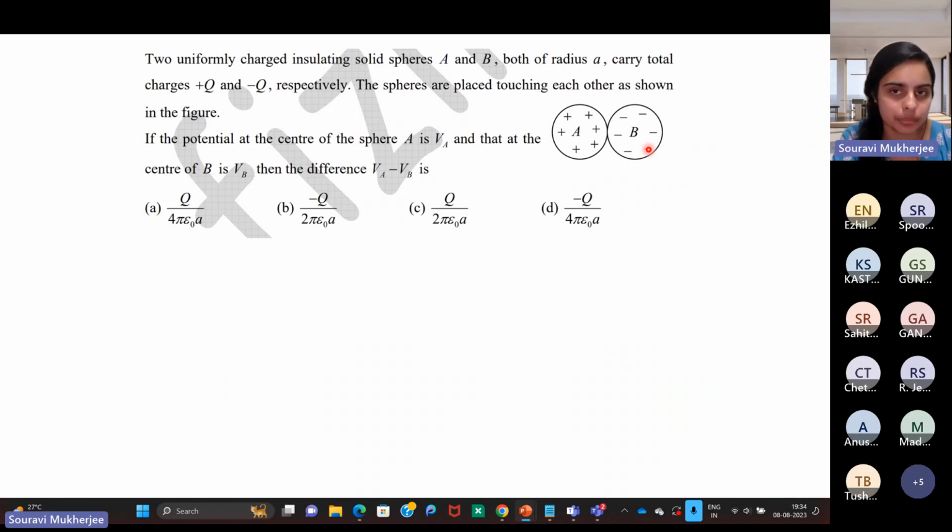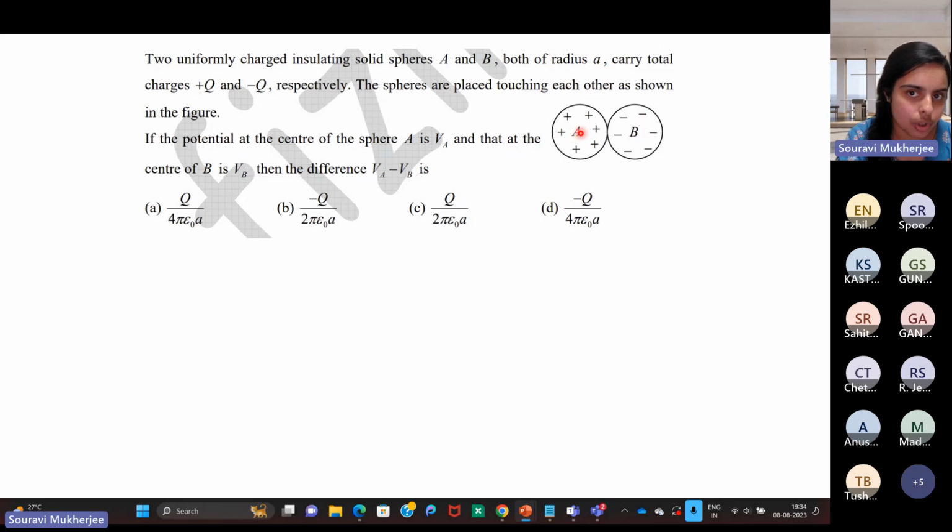But one thing you have to remember: when you're finding potential VA, you have two contributions, one from this sphere, one from this sphere, right? For this sphere, you are finding the potential at the center of a positively charged sphere of total charge Q. And then what is the contribution of this other sphere?